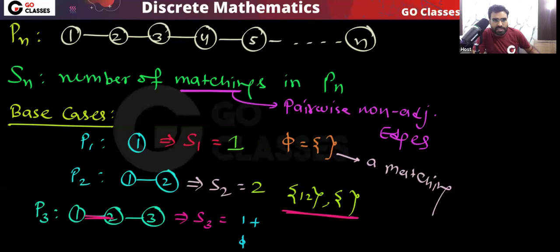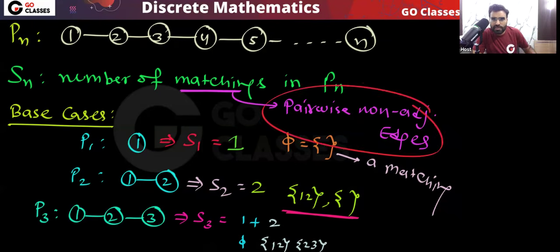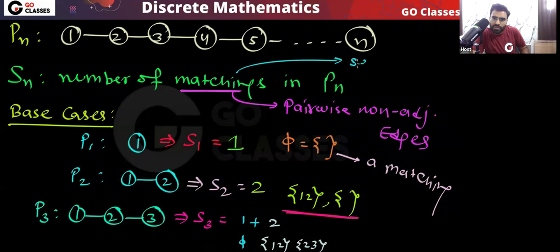Next, if you take this edge or if you take this edge, we will have 2 more matchings. Either I can take edge 1, 2, or I can take edge 2, 3. That's it. I cannot create any other matching because a matching is a set of edges which are pairwise non-adjacent.